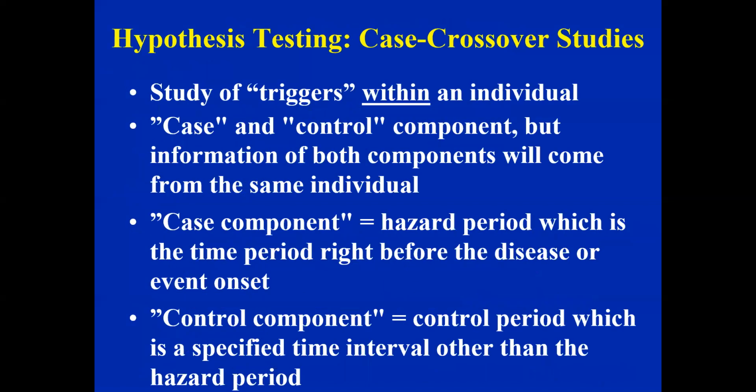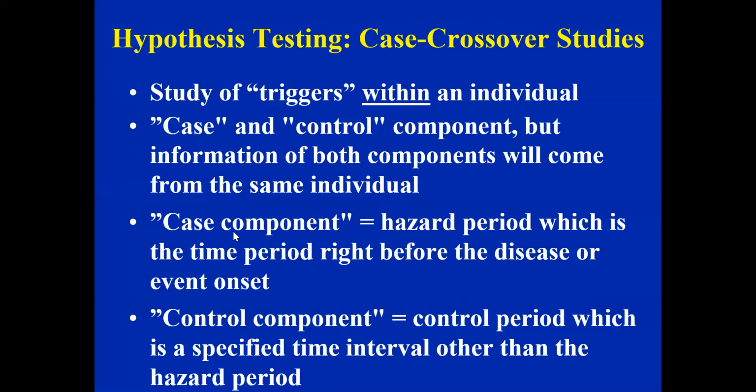Then we have what we call case crossover studies. Just to summarize them, they are a bit complex. This study is done within one individual, so the case and control components, but information of both components will come from the same individual.